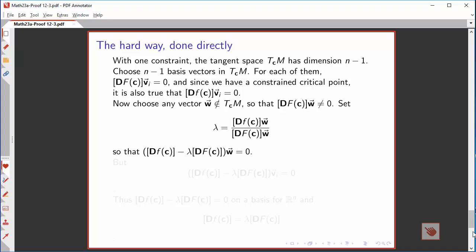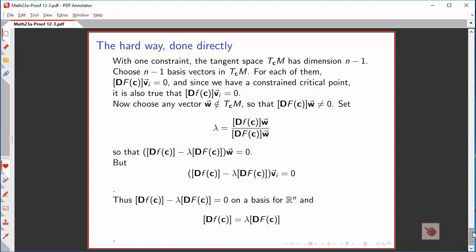With this definition of lambda, you can mentally multiply through by d capital F, and you see that when you take d little f minus lambda times d capital F, that Jacobian matrix acting on the vector W gives 0.